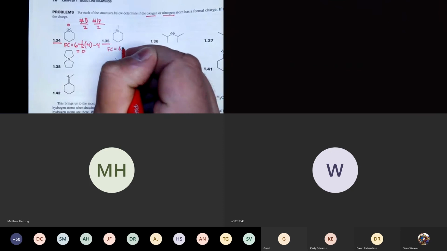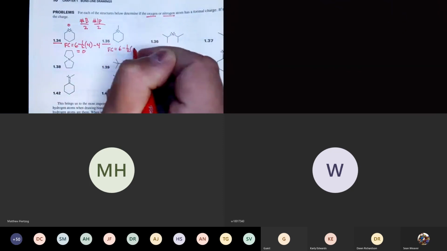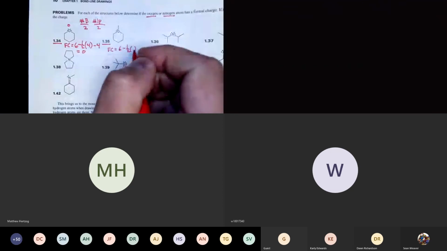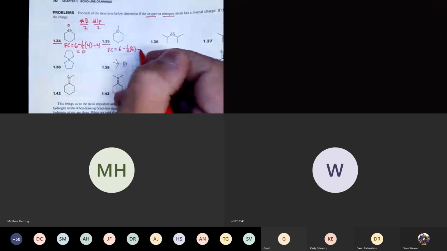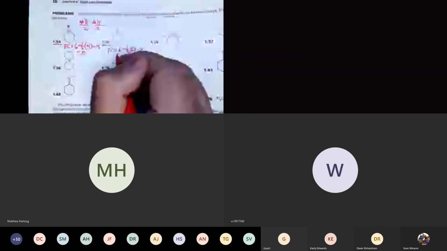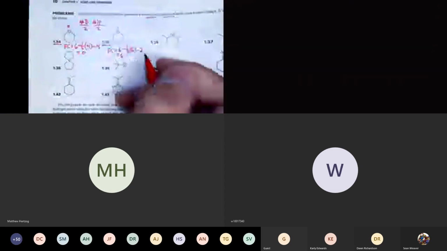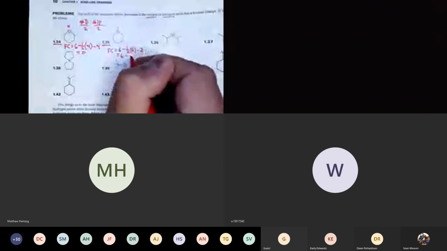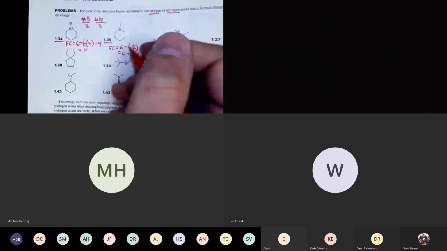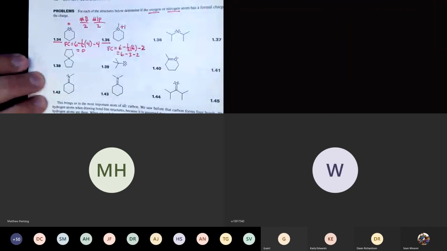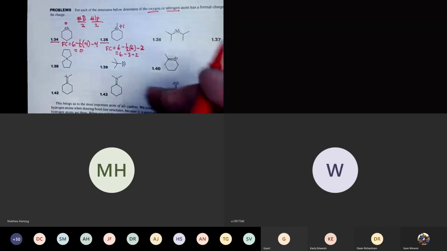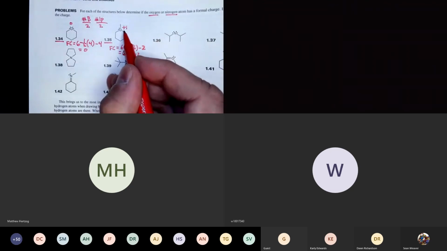Oxygen's group 6 minus 1/2 the bonding electrons, so we have 2, 4, 6, minus 1, 2 lone pair electrons, so that's 6 minus 1/2 of 6 is 3 minus 2, so 6 minus 5, that's +1. So you'll eventually do enough of these that you can just look at the bonding pattern and determine what the charge is.